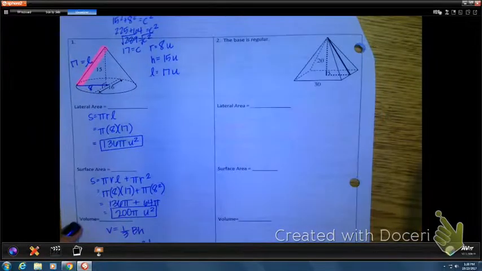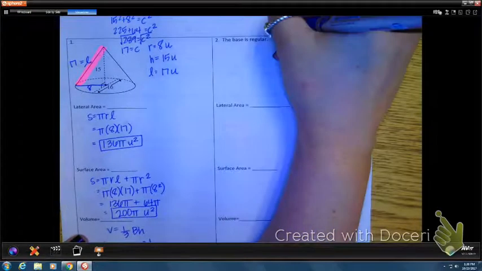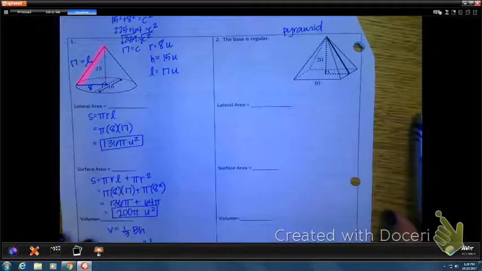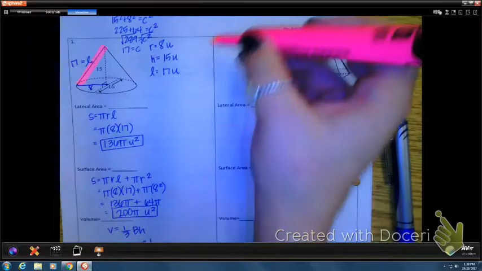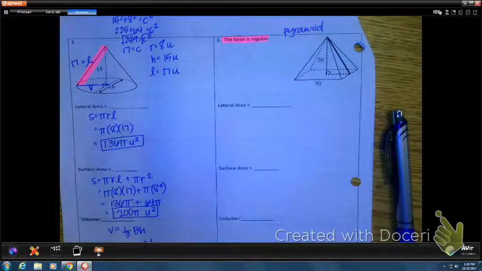Okay, number 2 is a pyramid. Okay, and the important thing about number 2 is it says that the base is regular. Okay, take 30 seconds, think to yourself, what does it mean for a shape to be regular?